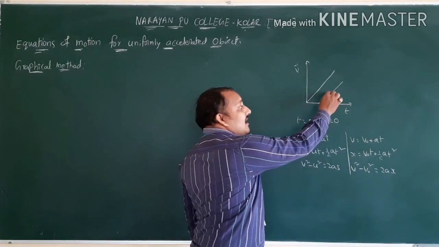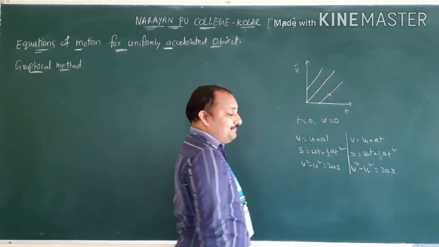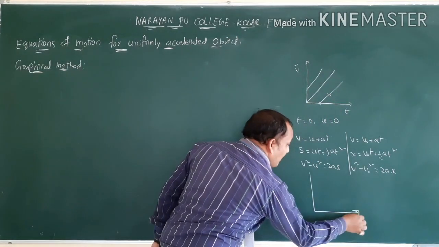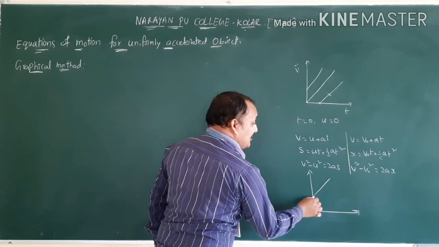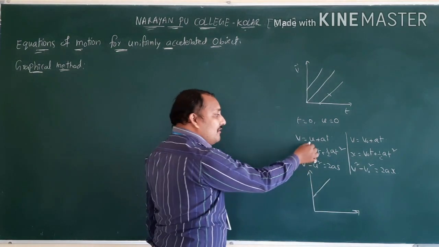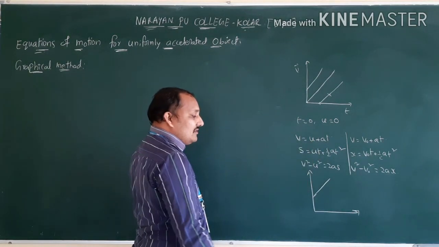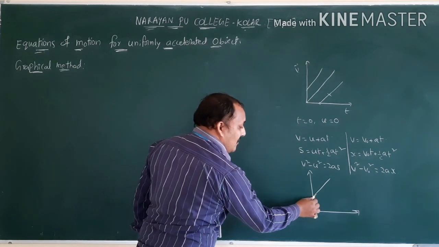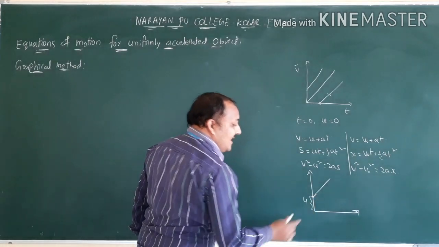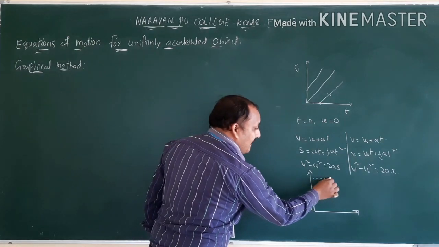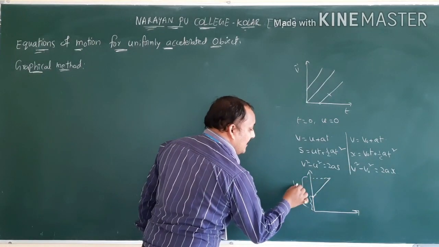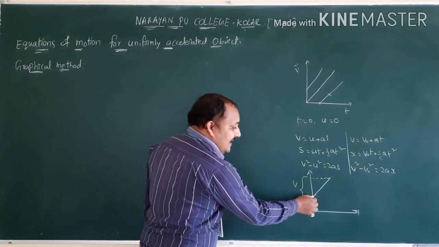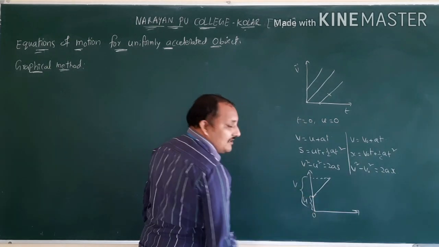Therefore, you should not draw here; you have to draw here. You may get a doubt why we have taken this graph like this, sir. We want u in these equations, therefore we have to draw like this. Now this value is the initial velocity. This value is the final velocity. Initial velocity at time t is equal to 0.